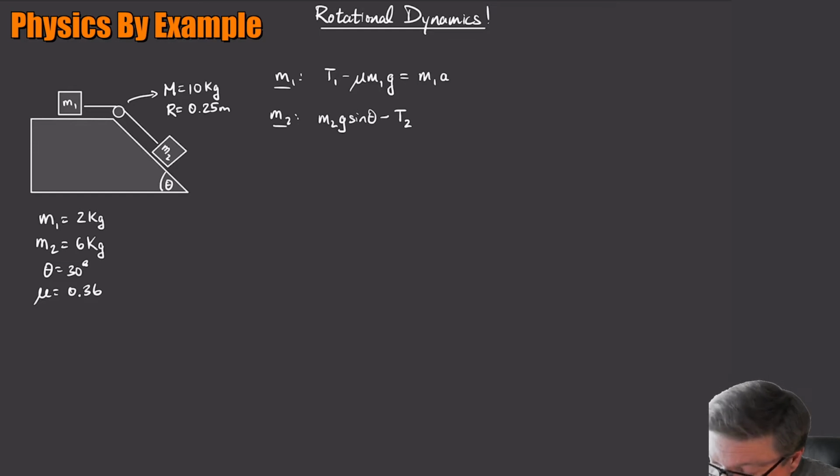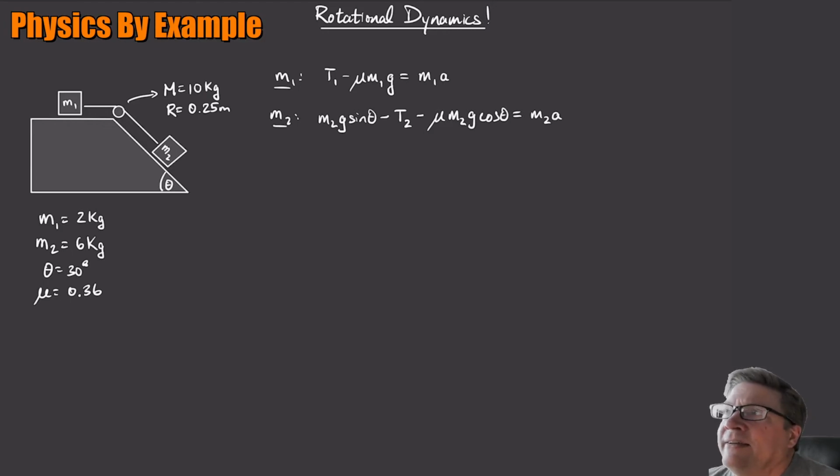And then also there's friction, minus mu times the normal force. The normal force is M2 g cosine theta. Remember, the normal force had the cosine theta. All right, and this is going to be equal to M2 times a. It's got to be the same acceleration as M1 if we don't allow the ropes to stretch.